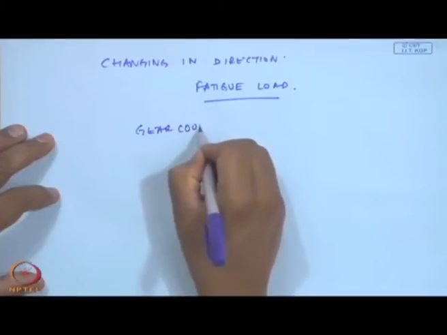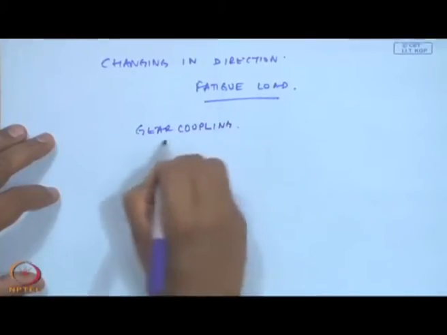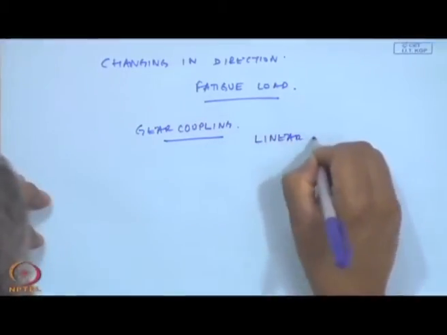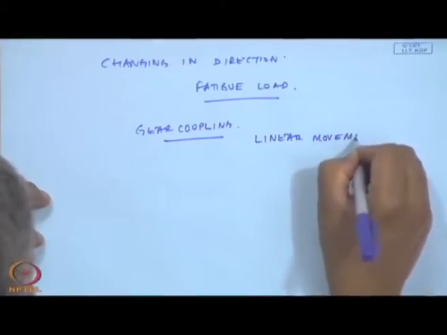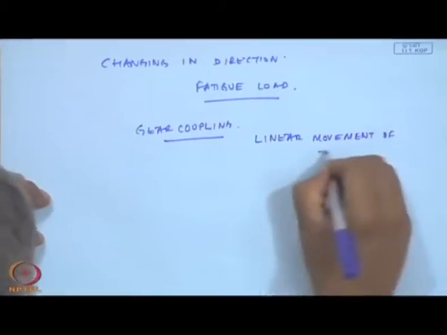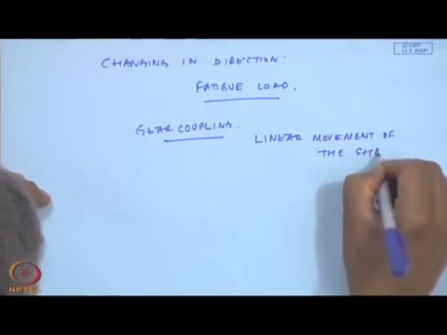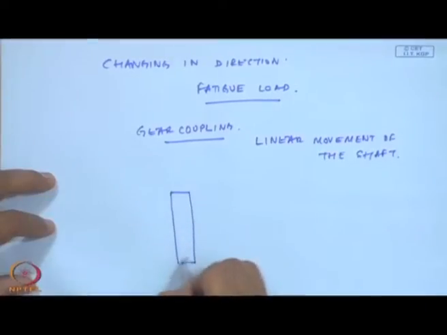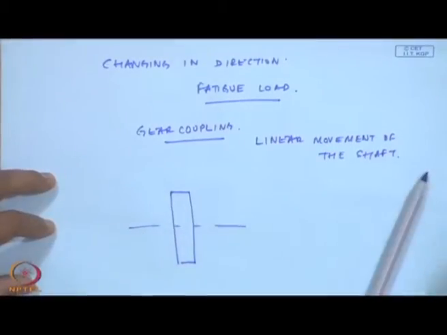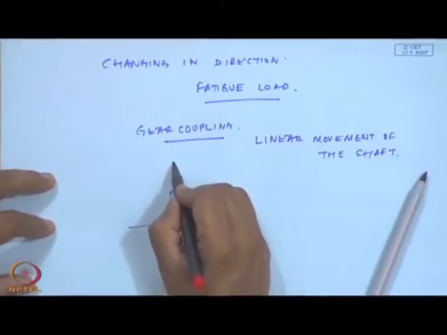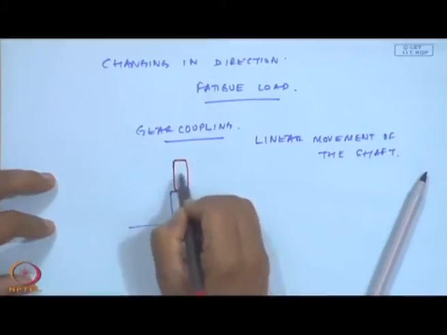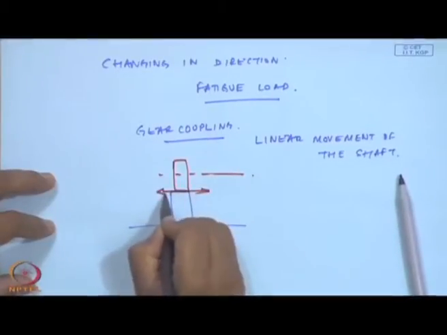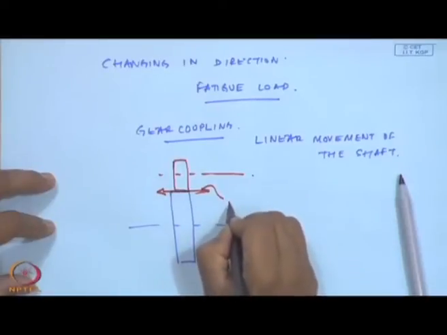Gear coupling allows for certain angular and linear movement of the shaft. For example, if you think of it, one gear sitting like this, okay, and another gear sitting on top of it. Okay. So, a slight amount of movement is allowed.